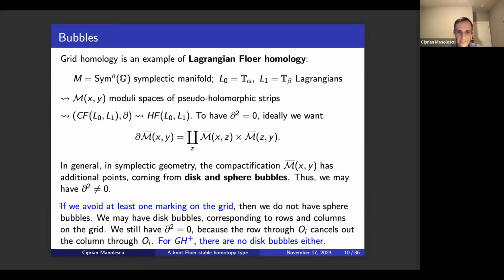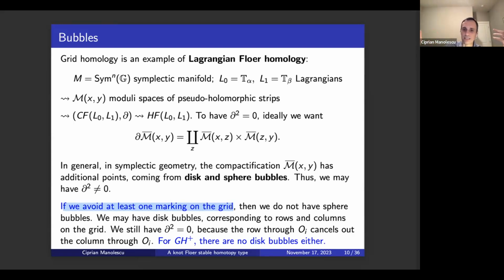So to make things less complicated, let's at least avoid sphere bubbles. And you can do that by avoiding at least one marking on the grid. So you have a bunch of X's and O's. In the version that I mentioned before, I wasn't going over any of the X's. Now you have sphere bubbles only when you have some domain that goes over the whole torus.